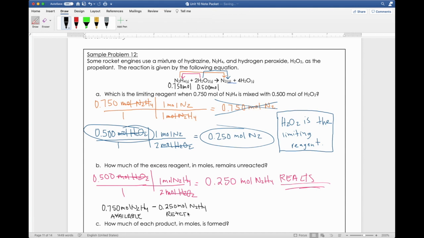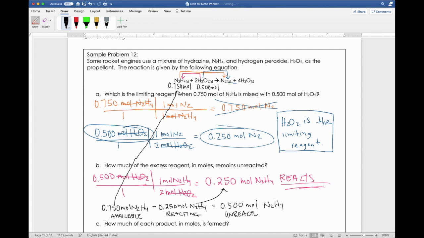And we determine that from that step above, right here. So this comes from this, and this pad that I have to write on isn't always useful all the time. It's a little too small. This comes from here. So because I know how much is available, and I also know how much is reacting, I can determine how much remains unreacted at the bottom of the beaker. And in this case, 0.5 moles of hydrazine remains unreacted.